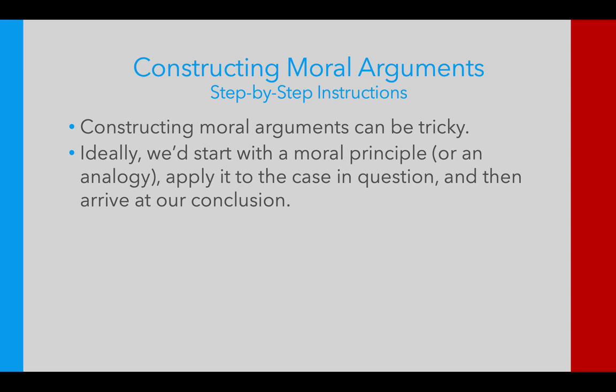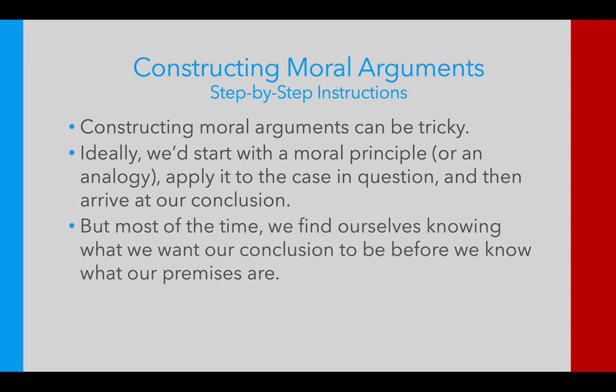But this is hard to do with really tricky moral arguments. Oftentimes, what we end up doing is we find ourselves knowing what we think the conclusion should be. We don't really think about the arguments. We just think, oh no, I don't think you should smoke cigarettes, for example. And I say, well, why? And you're like, okay, I've got to come up with a reason.